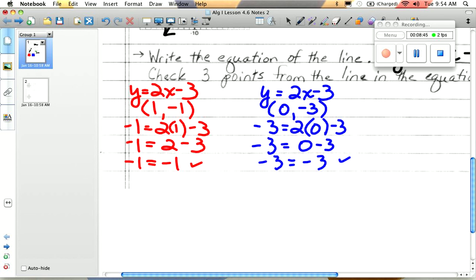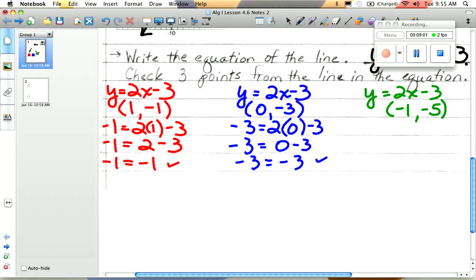Okay, you check out that last ordered pair. What is it again? -1, -5. Okay, -1, -5. Check it out, make sure it makes that equation true. And many times when students are checking problems, this is where they would stop, where I'm at right now.